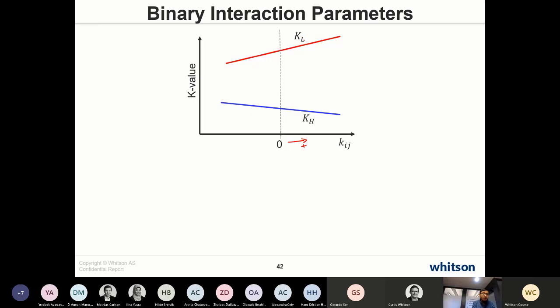So this is the K value of the lighter fraction, this is the K value of the heavier fraction, and they start moving apart from each other. If we go in this direction, where the small kij is negative, they start moving towards each other. You can see from this figure that the binary interaction parameter between two components affects the K values of the two components simultaneously.